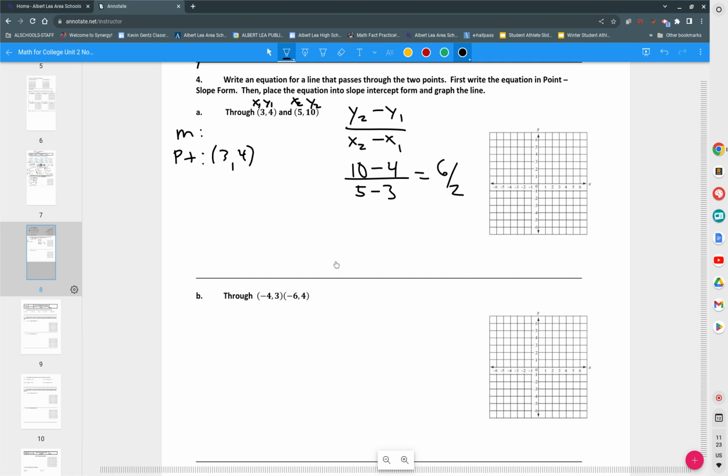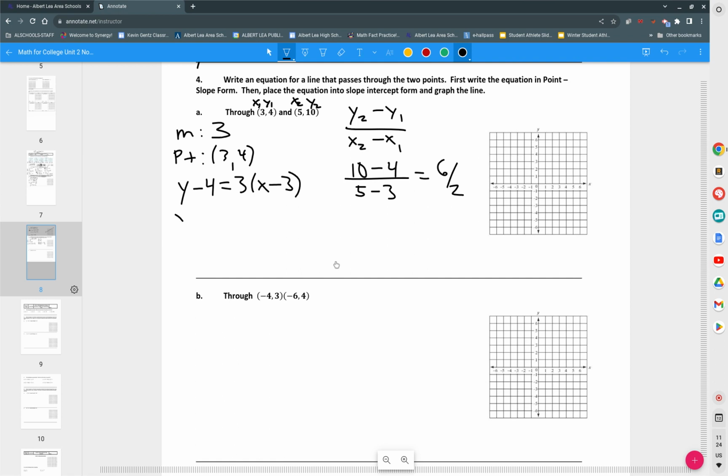Therefore, my slope is 3. So I use that information to determine my slope. Now I can write my equation in point slope form. Y minus what? 4 is equal to 3 times x minus 3.